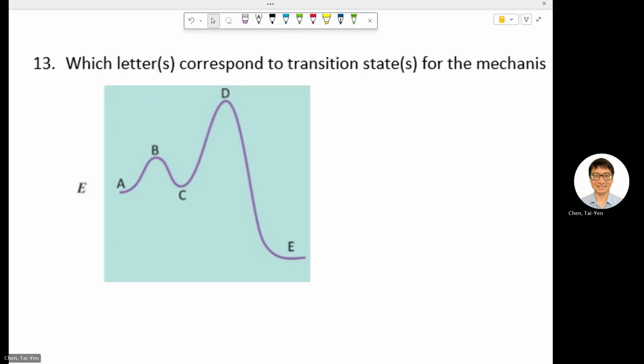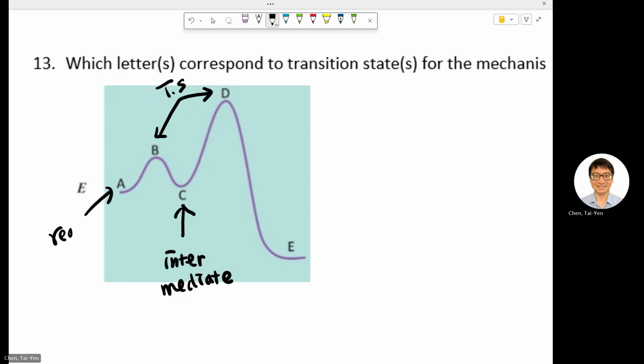B and D. The peaks represent the transition states. What's C? What's A? What's E?